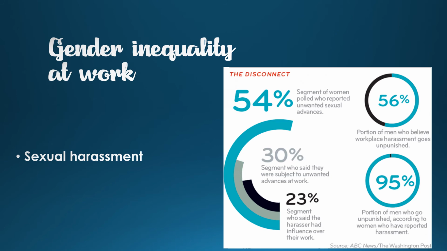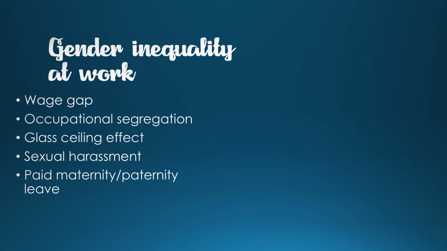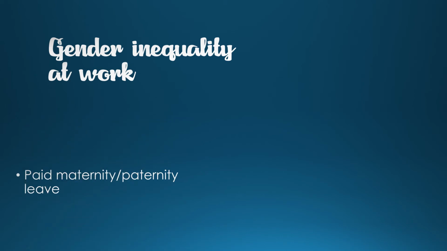The final form of sexual gender inequality at work is paid maternity and paternity leave in the US. Paid maternity and paternity leave basically refers to the fact that different countries have different expectations or policies around maternity and paid leave.